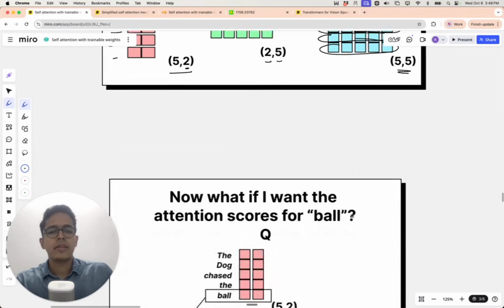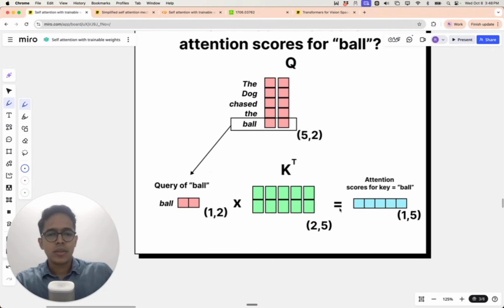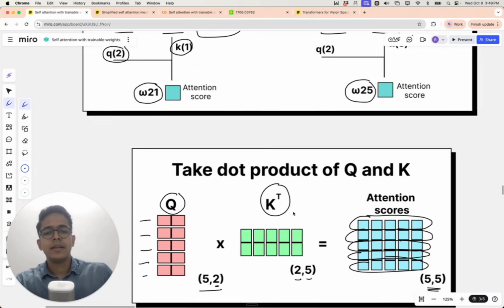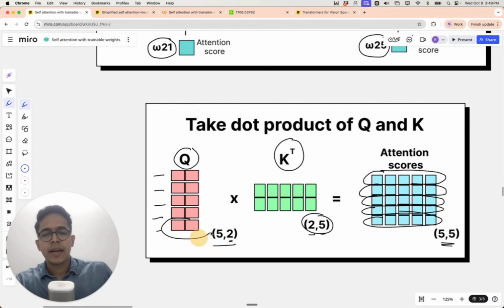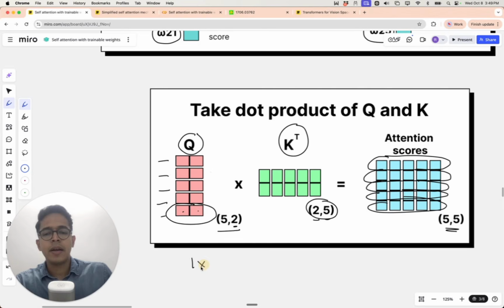Now consider the query for ball. It is a 1 by 2 vector in the query space, but the key transpose matrix is 2 by 5. If you only consider that vector, a 1 by 2 vector multiplied by a 2 by 5 matrix gives a 1 by 5 vector.